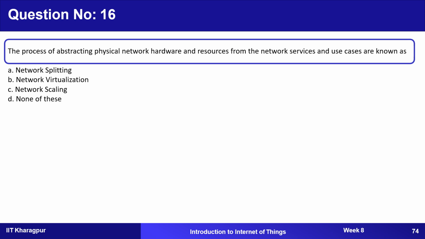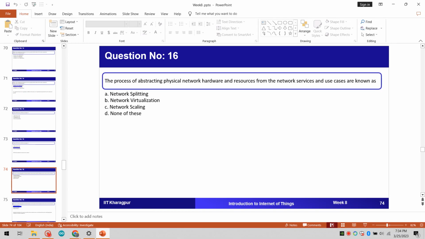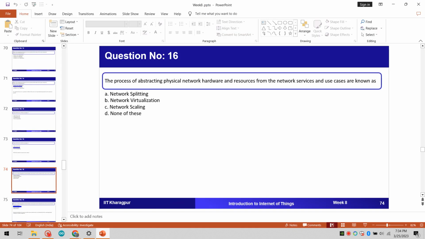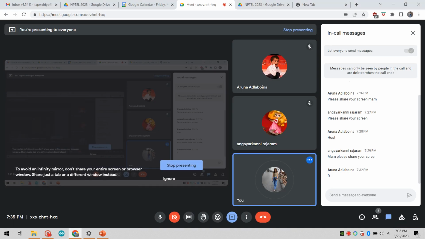The process of abstracting the physical network hardware and resources from the network services and use cases is known as network splitting, network virtualization, network scaling, none of these.